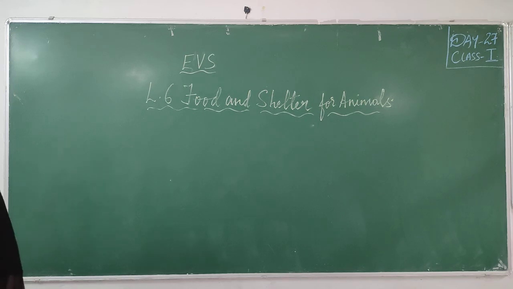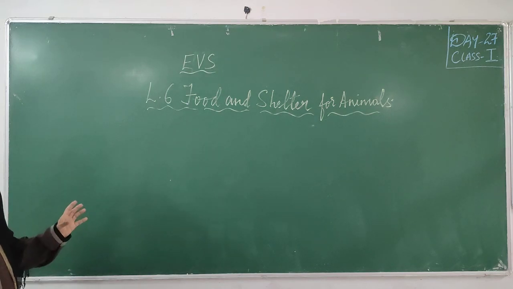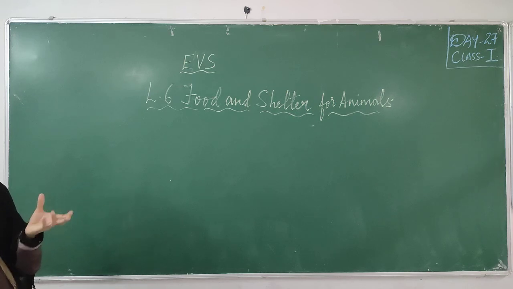We have also studied about animals. Some animals live on land, some live in water, some live on trees, and some live both on land and water. Then we studied about animals and their babies. The babies of different animals are called by different names.